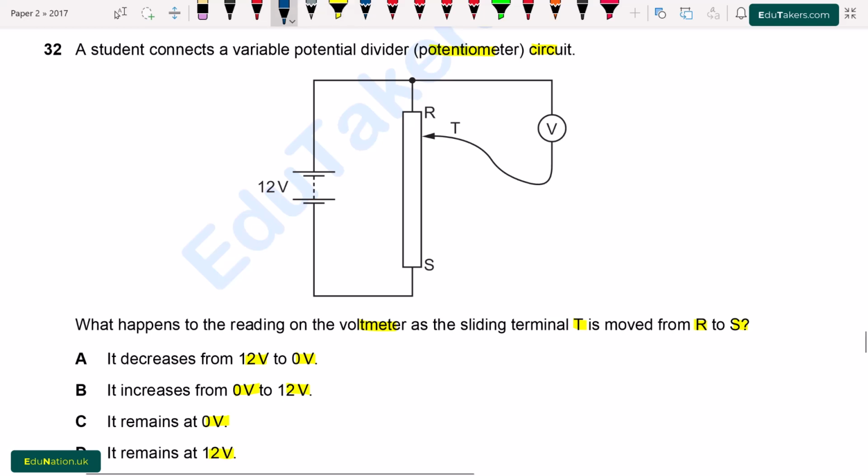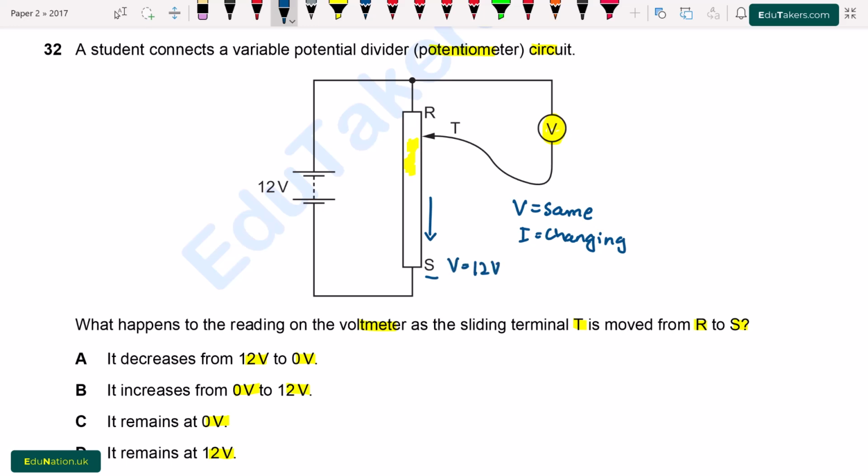Here we can see that there is a voltmeter and the resistor. Both of these are connected in parallel combination, and in the parallel combination the potential remains the same and the value of current changes. As the sliding contact reaches the point S, the voltage is maximum, which is 12 volt.